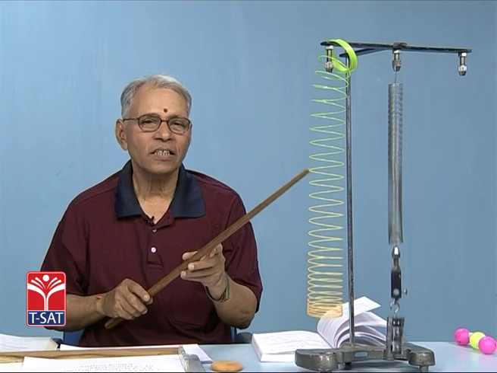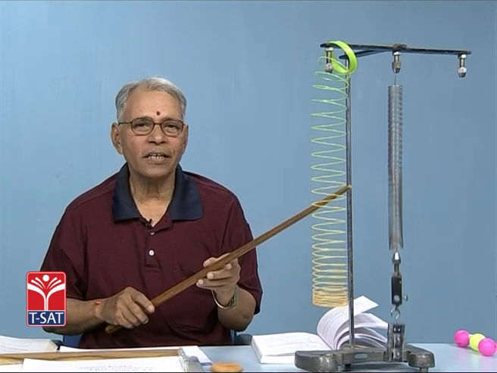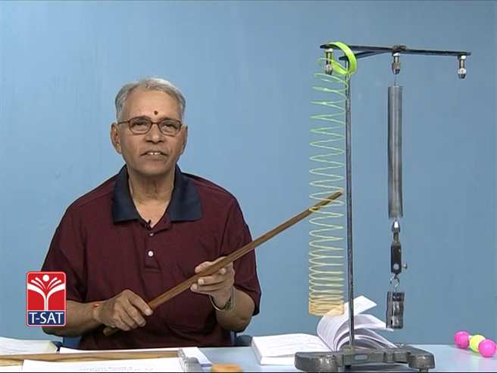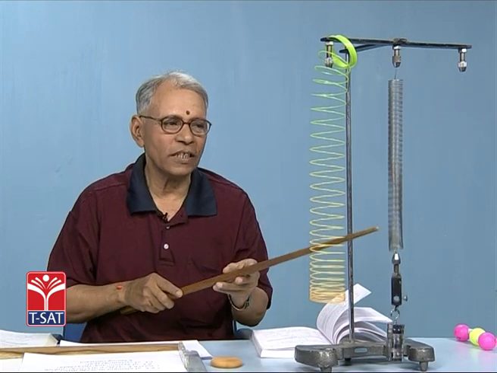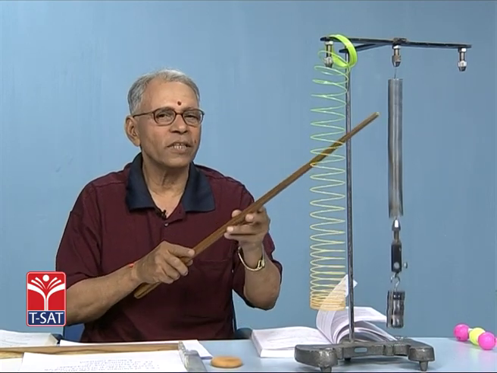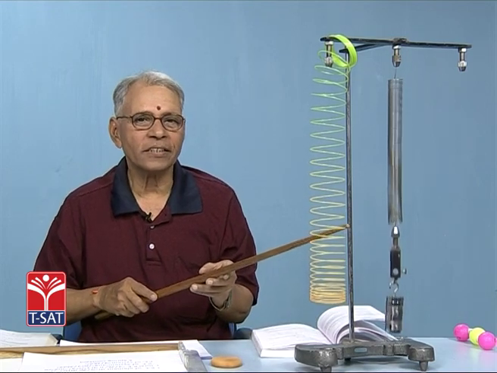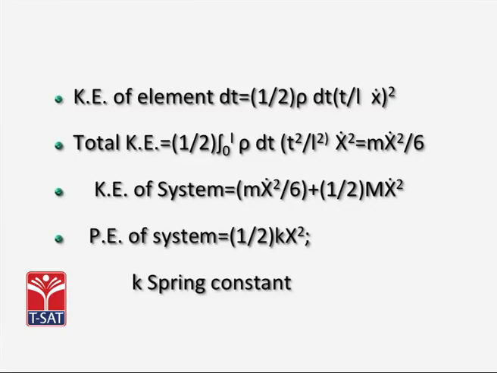Total kinetic energy is an integration of this over the entire length, that means all such small dt's put together, half of the integration from 0 to L of rho into dt into t square by L square into x dot square. X dot is the velocity. This is found to be m multiplied by x dot square divided by 6.